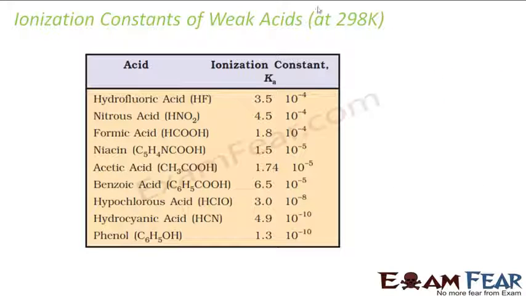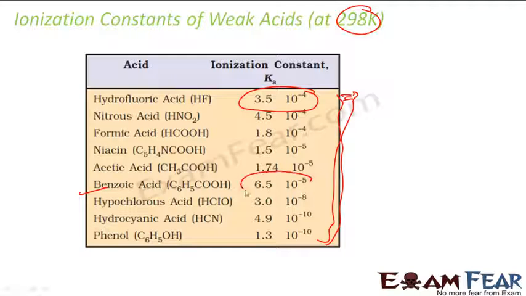This is a list of ionization constants of weak acids at 298 Kelvin. These values are already known, and scientists have calculated them, so if you want to use them in numericals or in your chemistry research, you can use this. For example, the ionization constant of hydrofluoric acid is 3.5 × 10⁻⁴, and the ionization constant of benzoic acid is 6.5 × 10⁻⁵.